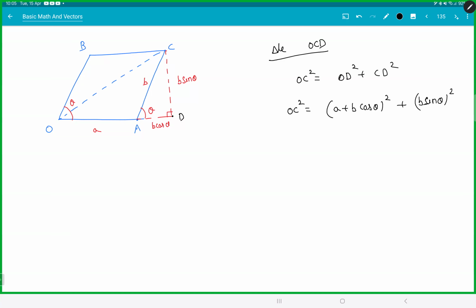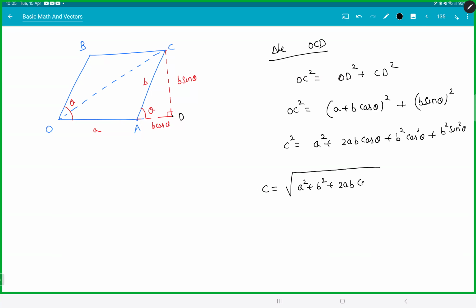Now, if you expand this, you will end up with C square equals A square plus B square plus 2AB cos theta plus B square cos square theta plus B square sin square theta. Sin square theta plus cos square theta is 1. So we get C square. C is equal to root over A square plus B square plus 2AB cos theta. There. This is how you can find the diagonal of a parallelogram if you know the two sides and one angle.